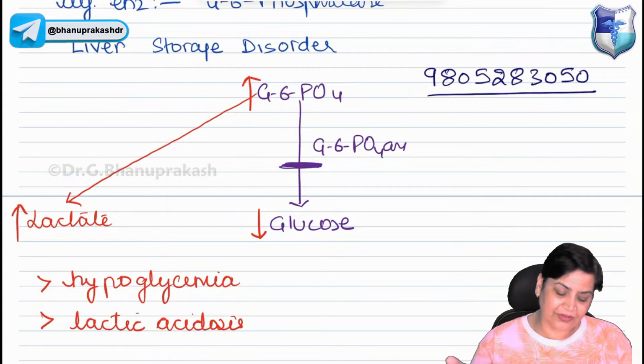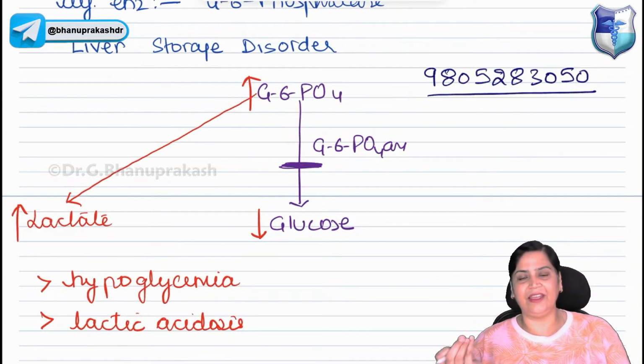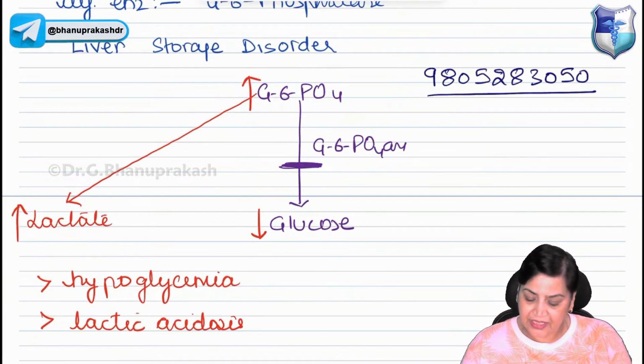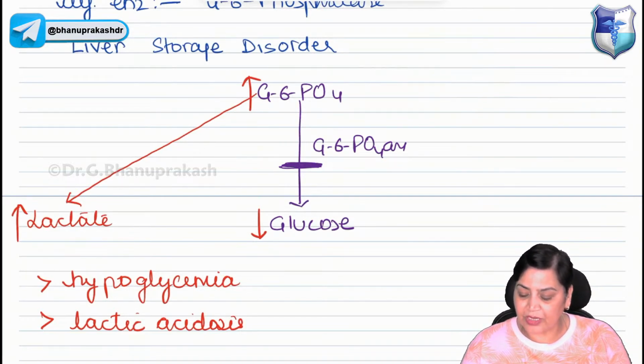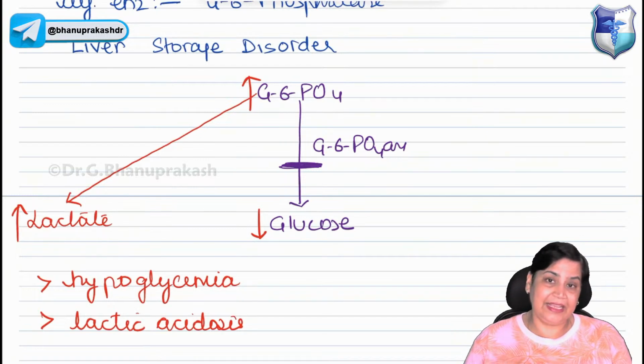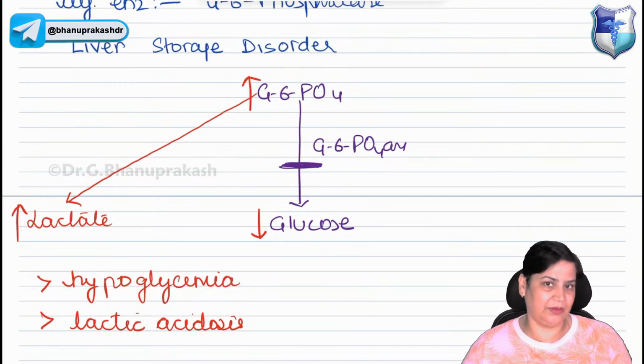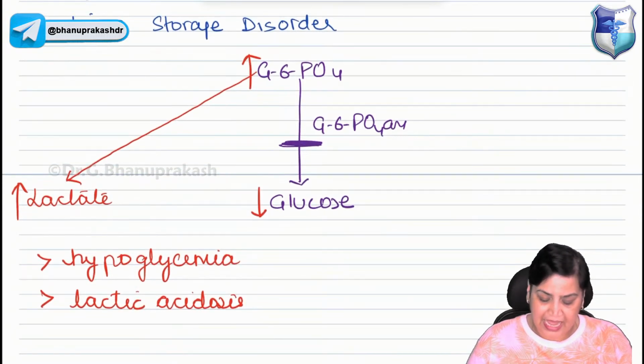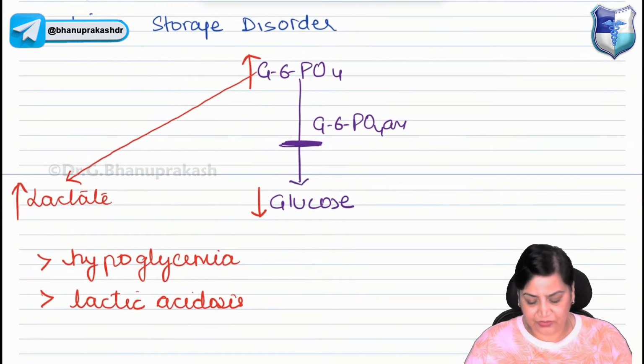Obviously we all know that when an acidic environment is there in the body, the pH will decrease, and if the pH decreases, the entire acid-base balance will be disturbed. So we can say that hypoglycemia and lactic acidosis will be there.